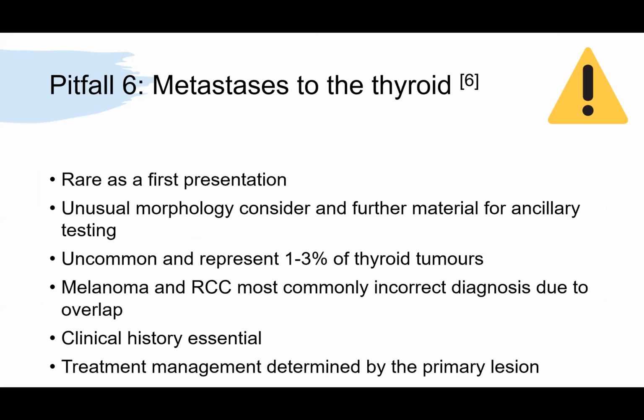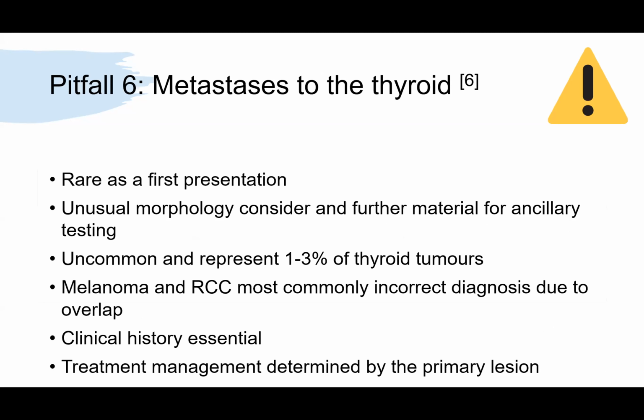It's very rare to see a melanoma as the first presentation, but it does happen. And metastases in general represent 1 to 3% of thyroid tumours. Melanomas and renal cell carcinomas are commonly incorrectly diagnosed due to morphological overlap with RCC because of the overlap of oncocytic lesions.